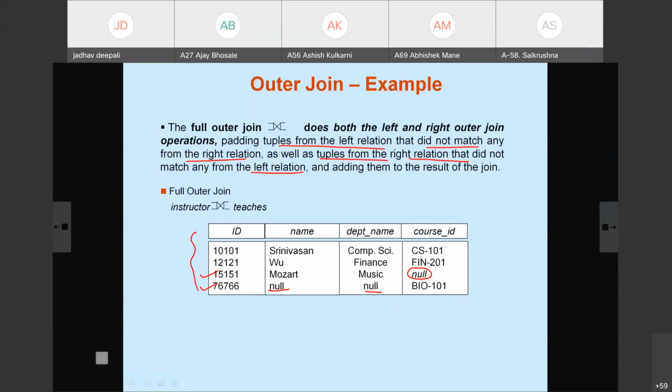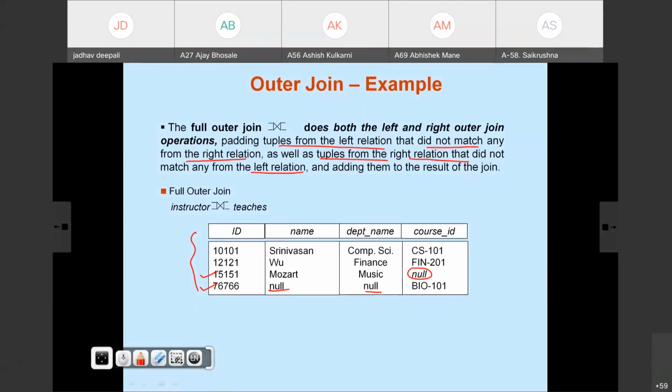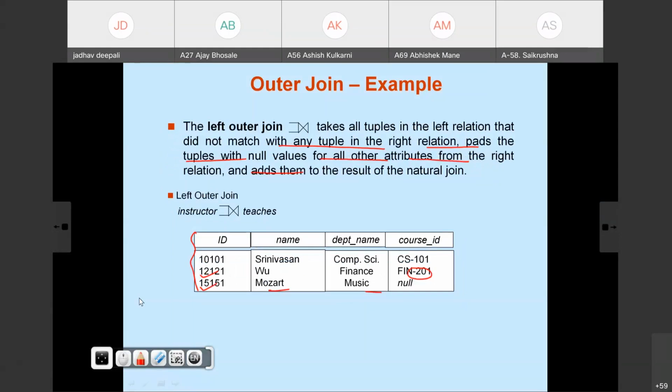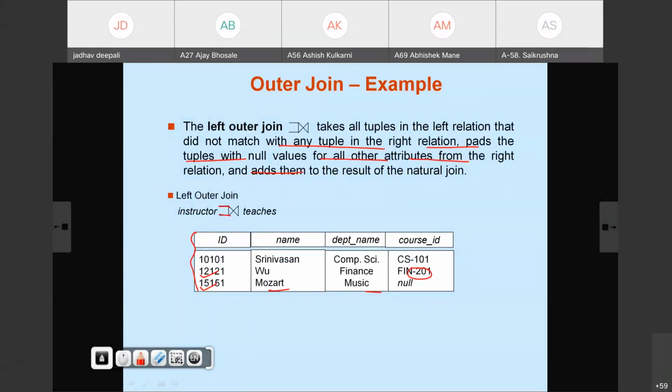The notation for outer joins is like this. The left outer join is like a natural join, only for left outer join we add a mark on this side. For right outer join, it is like this. And for full outer join, it is like this.